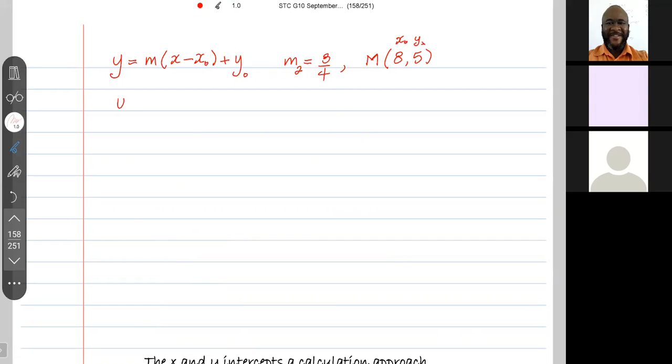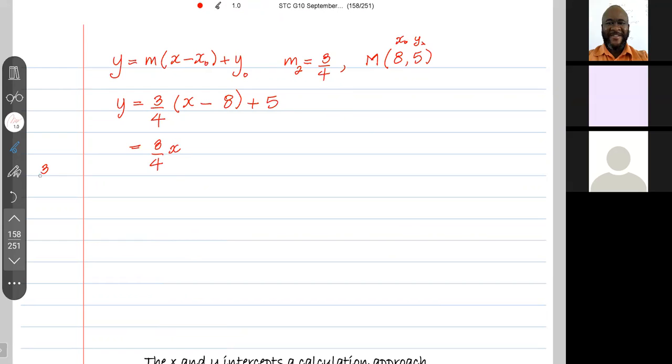So y is equal to the gradient, which is 3/4, times (x minus x naught, which is 8), plus y naught, which is 5. So next, I'm going to remove the bracket by applying the distributive law. The distributive law says whatever is in the bracket is multiplied by what is immediately outside the bracket. So this is 3 over 4 times x, which makes it 3/4 x.